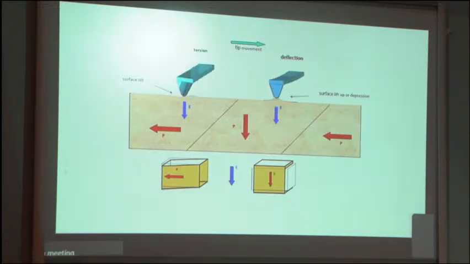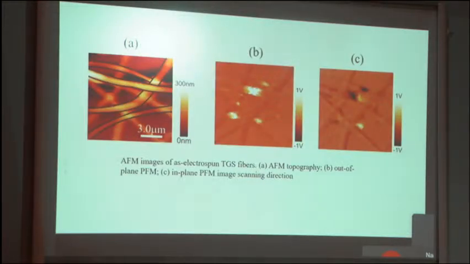This is vertical deformation, and we have one component of piezo response, and torsion, rotation of the cantilever around the main axis, corresponds to another component of the piezoelectric coefficient. And these are two channels in our photodiode system, and we can detect these two components at the same time.